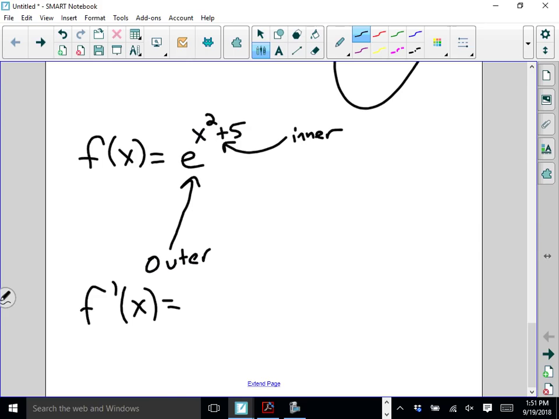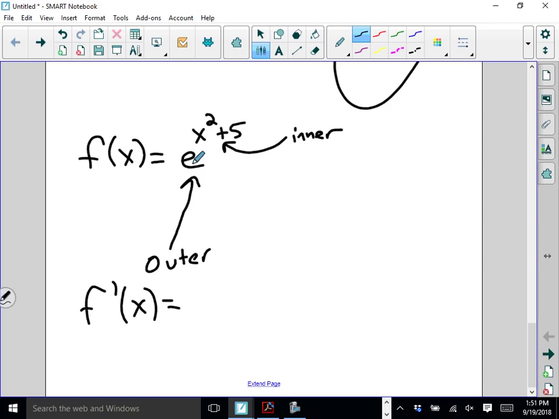So I have my inner function of x squared plus 5, my outer function of e to the x. I know e to the x's derivative is e to the x. But that's when we just had a normal, regular old x up there. We don't anymore. We have x squared plus 5.